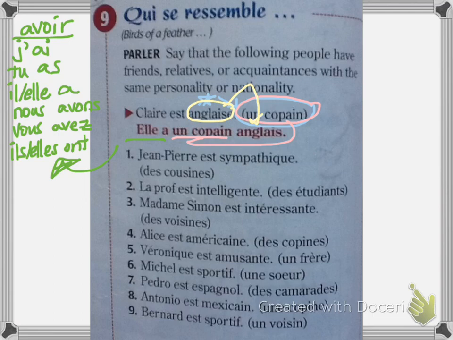So I'd like this to be a speaking one. So we have numéro 1, Jean-Pierre est sympathique, des cousines. Il a des cousines sympathiques. 2. La prof est intelligente, des étudiants.